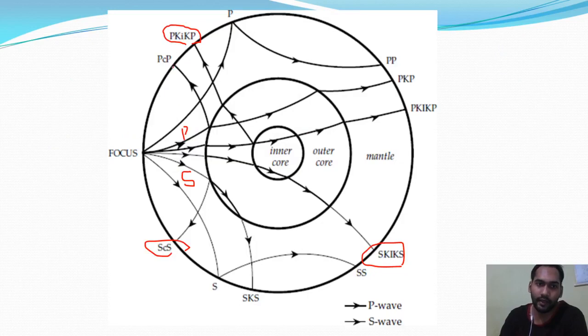You can see here it is PcP, that means it traveled as P in the mantle, then it is reflected from the mantle outer core boundary, that is our Gutenberg discontinuity. From here it will be reflected, so that is small c, then again traveled as P, so that is PcP. Similarly, an S wave traveling in the mantle, then reflected back from the mantle outer core boundary, then traveled as S, so that is ScS.